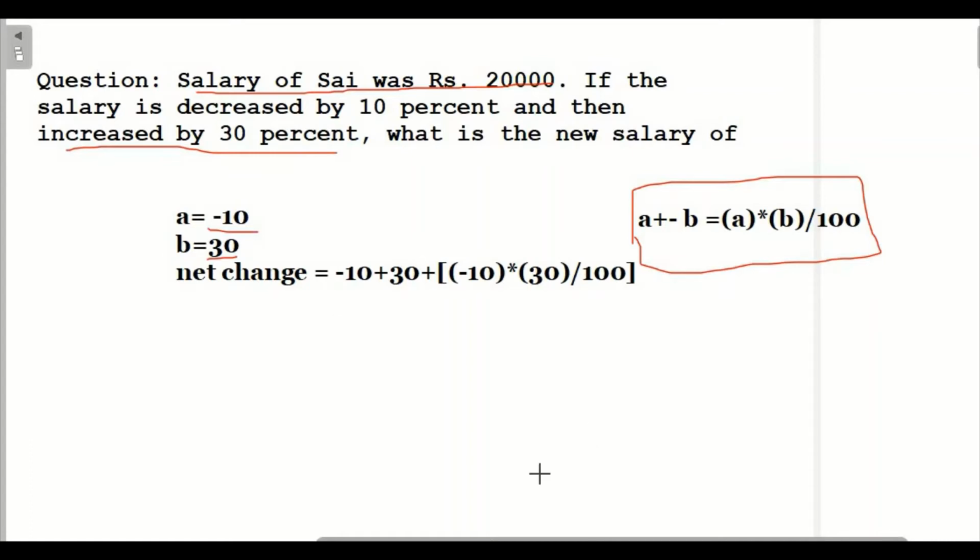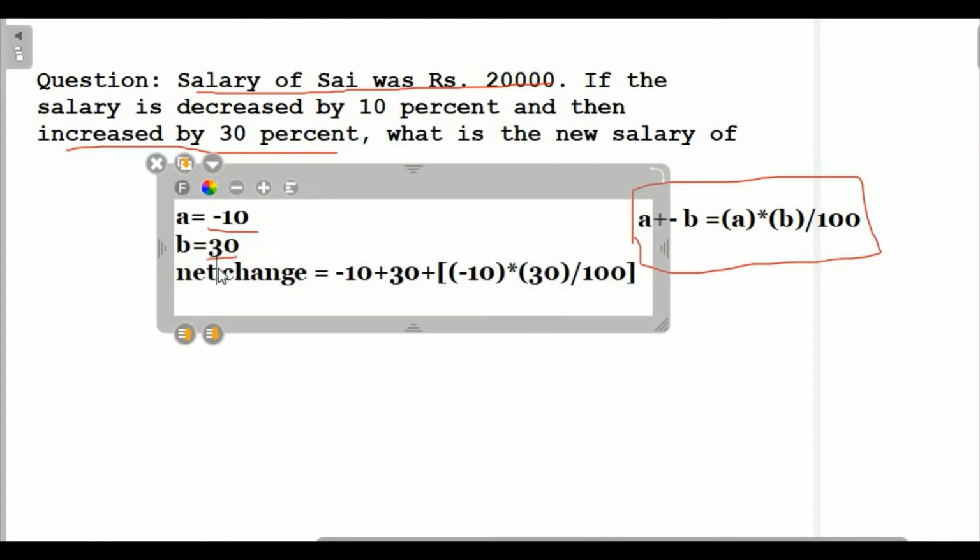For net change, we have to calculate: 30 minus 10 is 20, then minus 10 into 30 divided by 100.